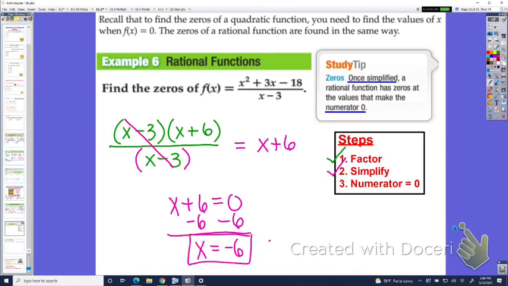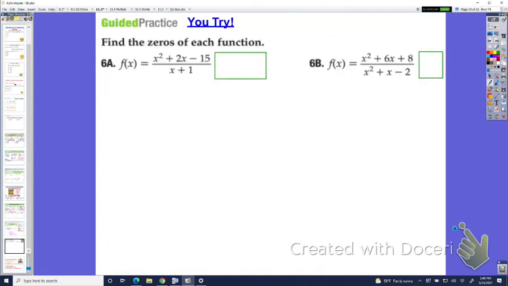This would be the 0. So this is when the y value is 0. So again, you can try both of these, factor everything, simplify, and then set the numerator equal to 0 on this one.